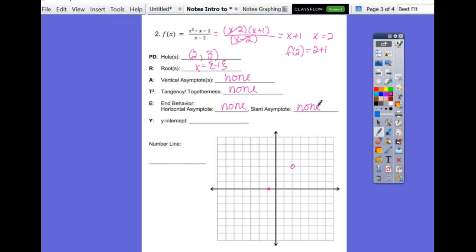So the y-intercept is literally in the equation. It's a 1. Do I need to do a number line to draw the line? Yeah. You do it then, Mason.